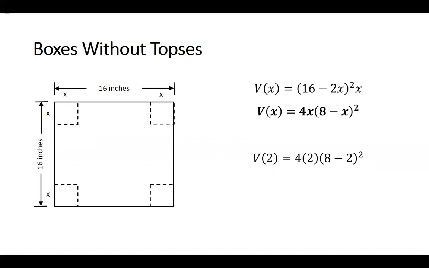What is the volume of that box? We're just going to take V of 2. We plug it into the equation. So 4 times 2 times (8 minus 2) squared, which gives us 8 times 6 squared, or the volume if x is equal to 2 is 288 cubic inches. So really not too bad.